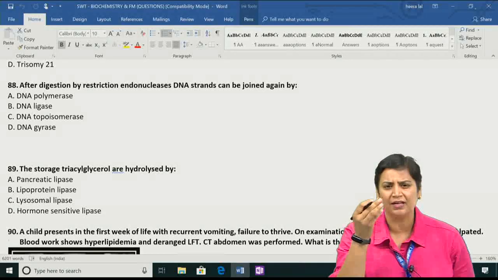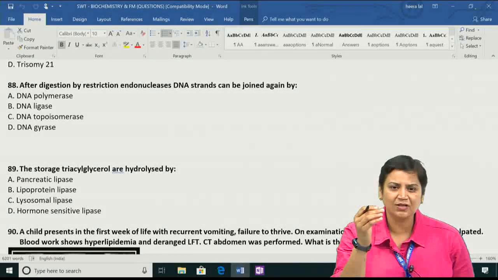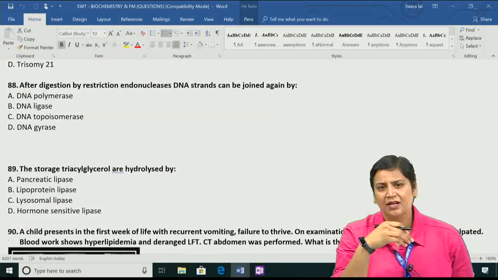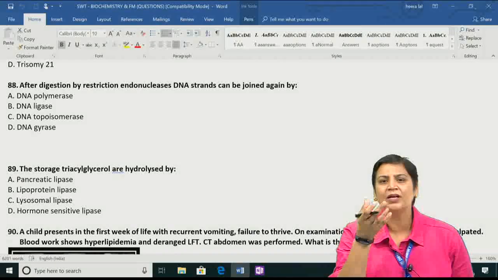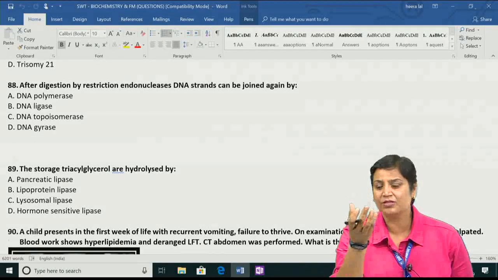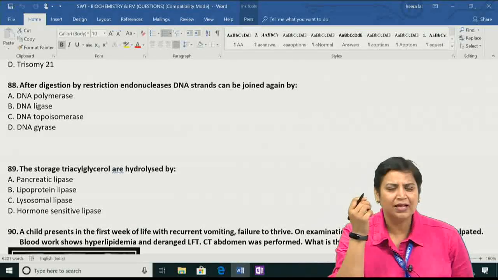There are so many restriction endonucleases which are coming in the market. They can cut DNA into cohesive ends or blunt ends. Normally we take cohesive ends as very good strands for recombining DNA because the level of attraction, cohesion, is more. Now let's look at the enzymes.